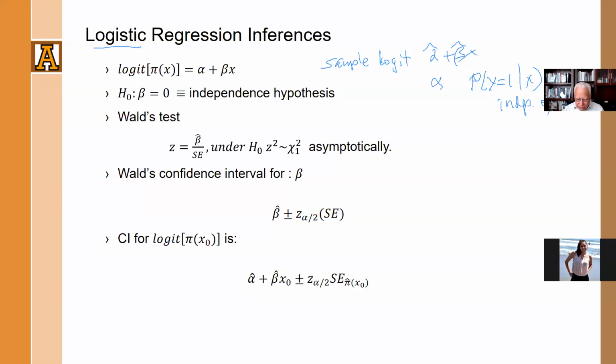And the confidence interval for beta is computed using this Wald test as the percentile from the normal distribution times the standard error. So a 95% confidence interval for beta would be beta hat plus or minus 1.96 times the standard error of beta hat.